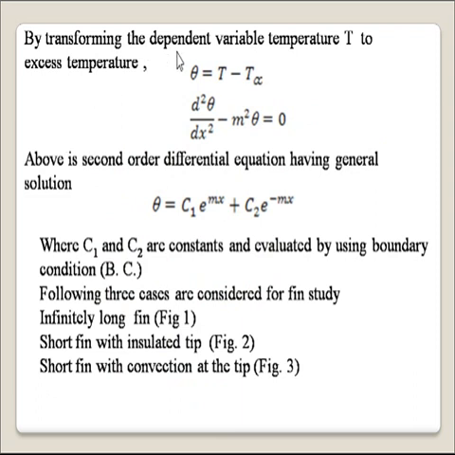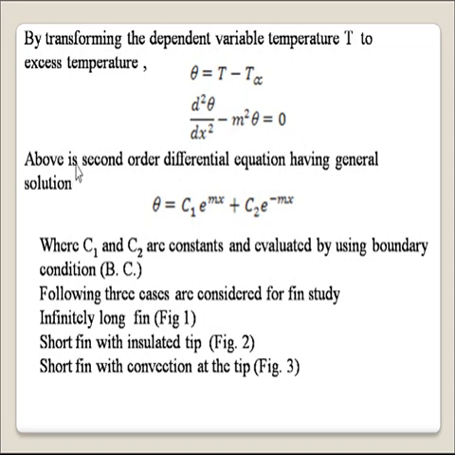By transforming the dependent variable temperature T to excess temperature theta, we have theta equal to T minus T infinity. So the second order differential equation takes the form d square theta by dx square minus m square theta equal to 0.